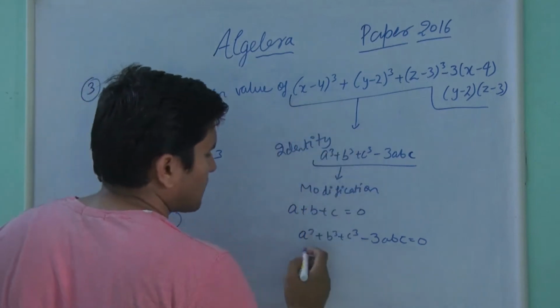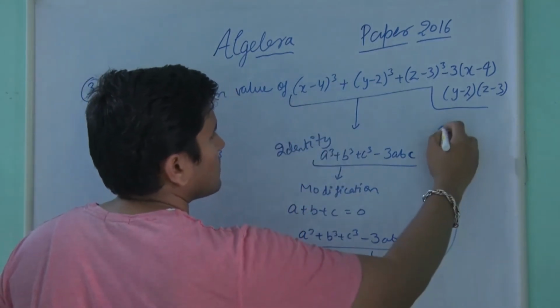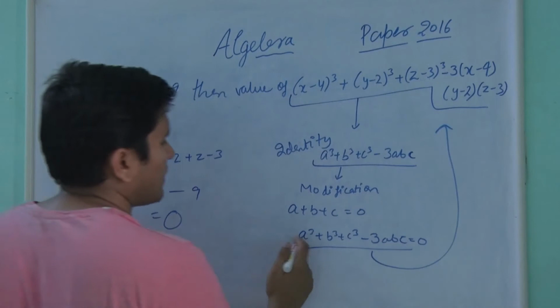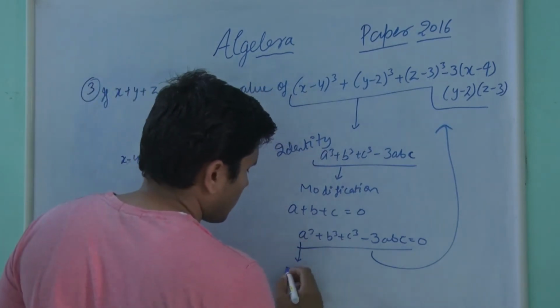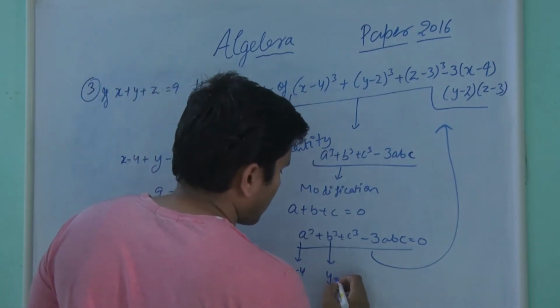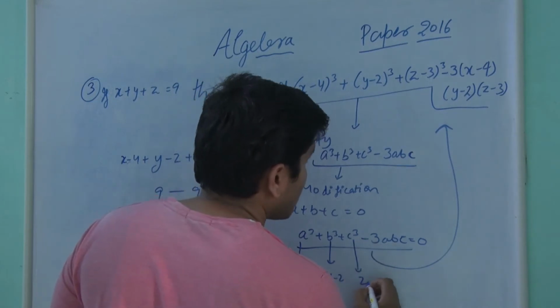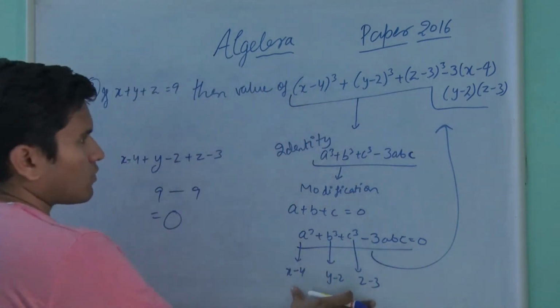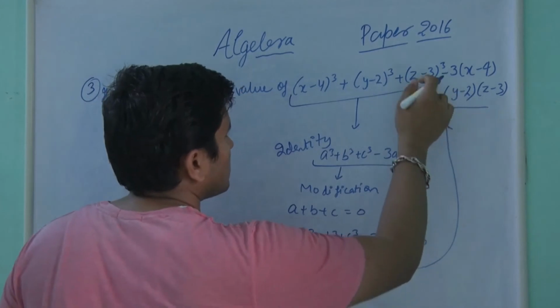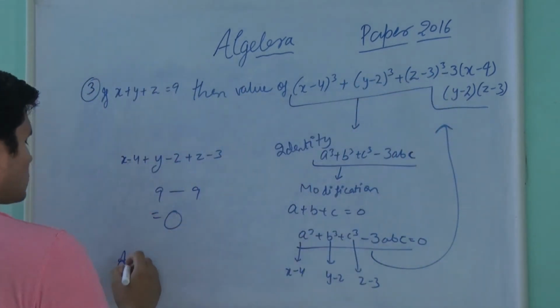Similarly, this part is in our question. Compare with this part: if we take a as x minus 4, b as y minus 2 and c as z minus 3, then we come to the same result. So the answer of this question is also 0.